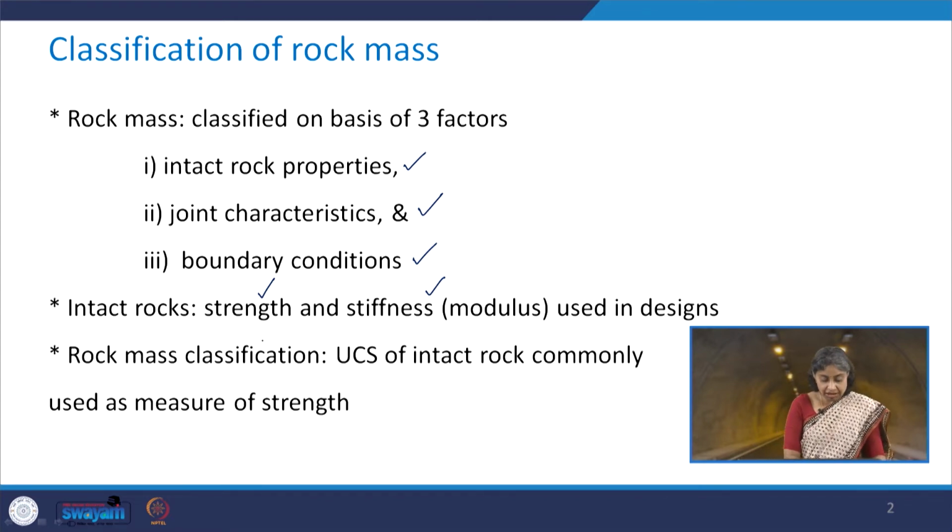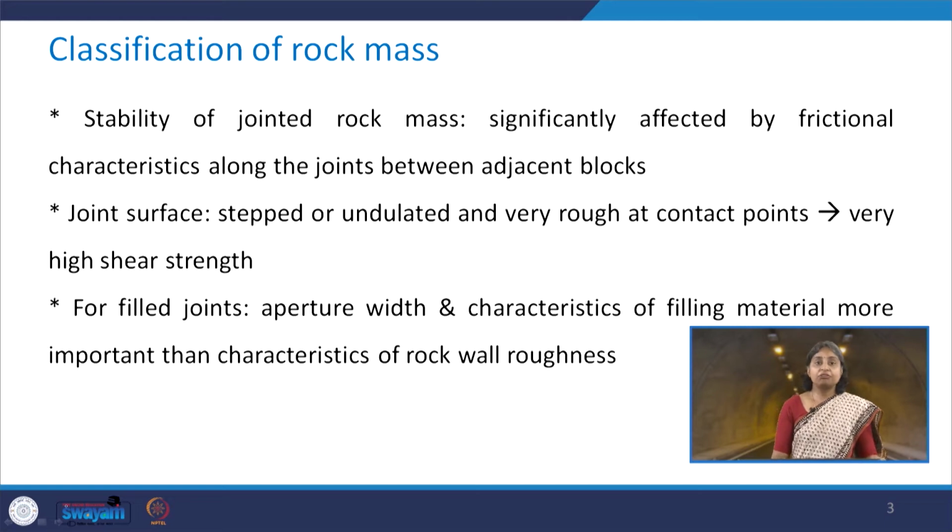In rock mass classification, UCS of the intact rock is commonly used as a measure of strength. Coming to the stability of the jointed rock mass, this is significantly affected by the frictional characteristics along the joints between the adjacent blocks of rock.